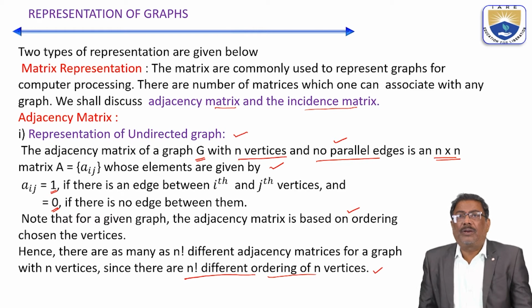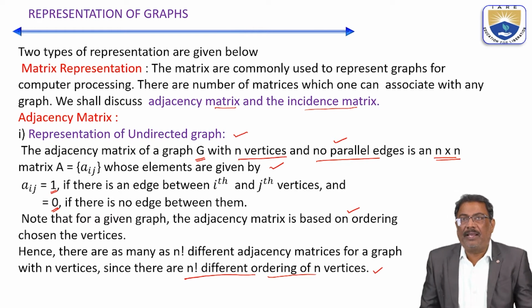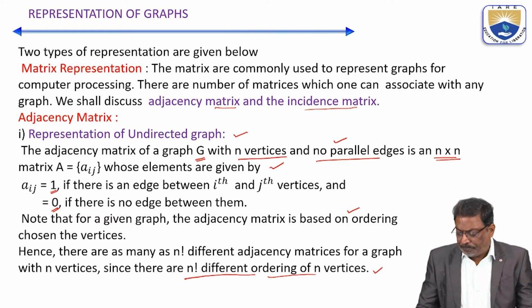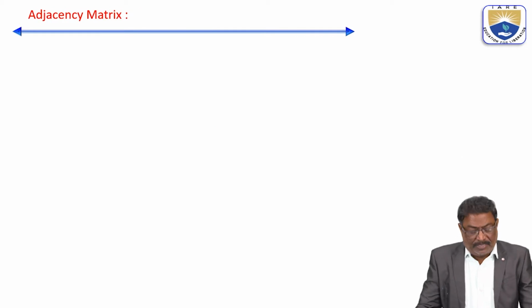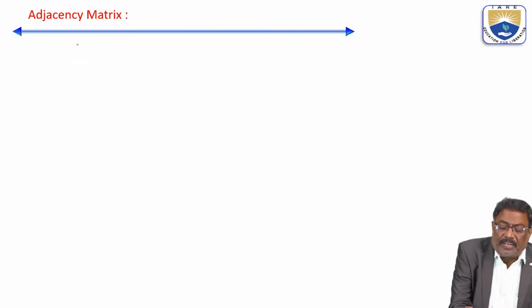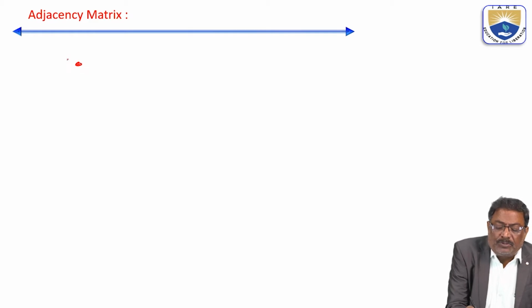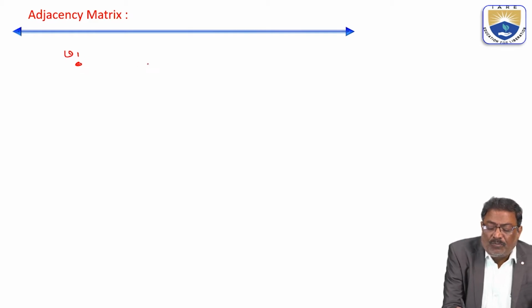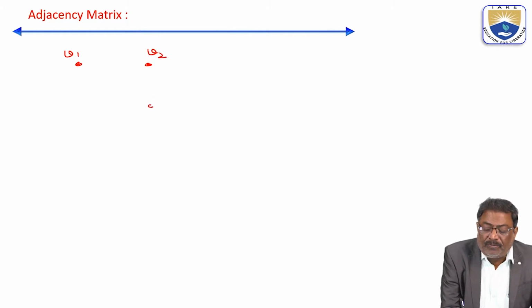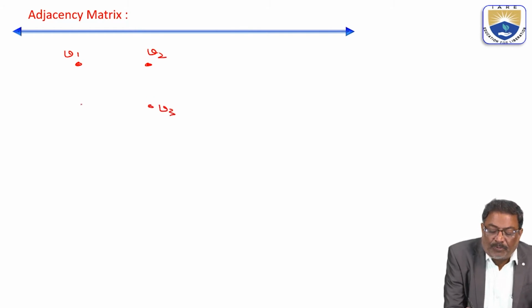Let us discuss this with an example. Let us consider the adjacency matrix of a graph. I am just considering one graph, which has 4 vertices: V1, V2, V3 and V4.